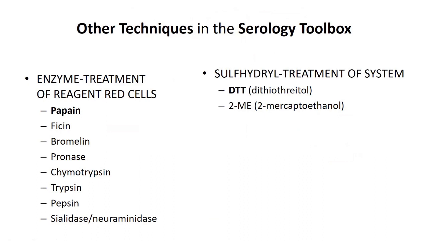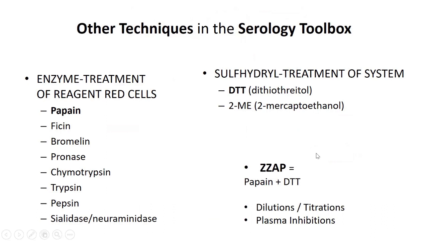You can also sulfhydryl treat with dithiothreitol or 2-mercaptoethanol. This will break sulfhydryl bonds. Those would be peculiar to the KEL system, most notably. ZZAP is a combination of papain with DTT. So this is a very strong way of eliminating numerous antigen systems.